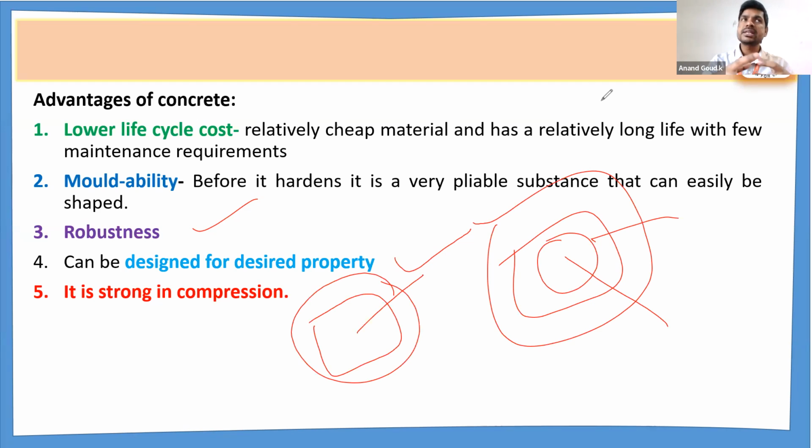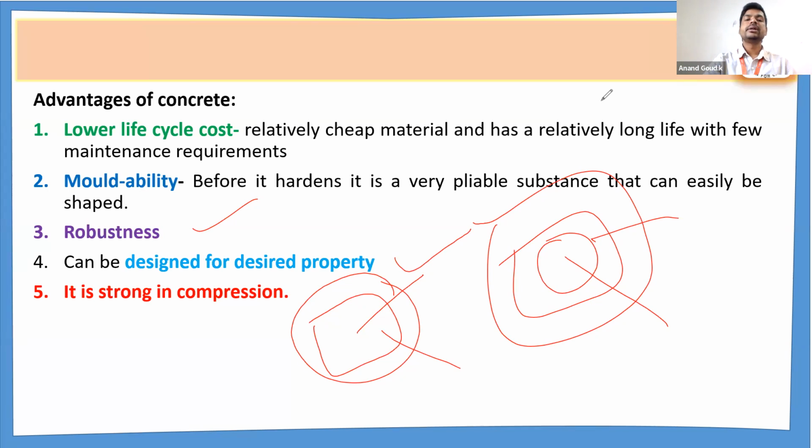By applying casing or any other coatings, you can improve the performance. But what I'm talking about is that you can improve the design properties, the strength of the concrete itself, without applying any coating. How can we improve that? By changing the material proportions or by adding extra materials like admixtures, as we have already discussed in the previous slide.